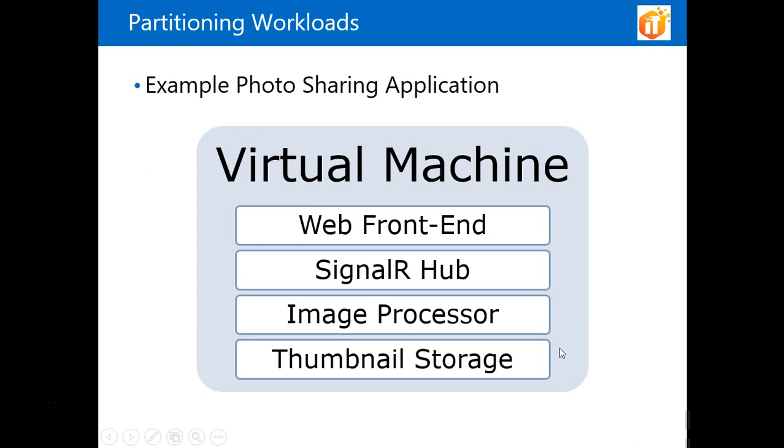So you can see that this is an example of a photo sharing application which is running on a single virtual machine. All these different modules, which are the web frontend, SignalR hub, image processor, and thumbnail storage, are part of the same workload which is running on the same virtual machine, and it is in a different partition.